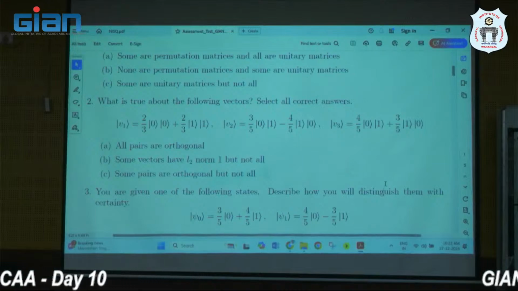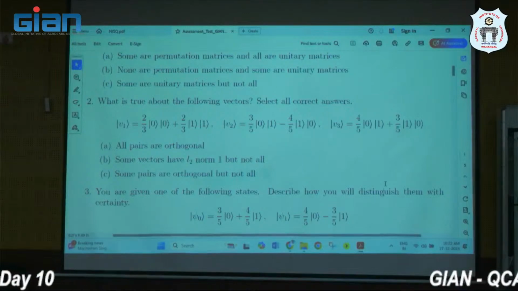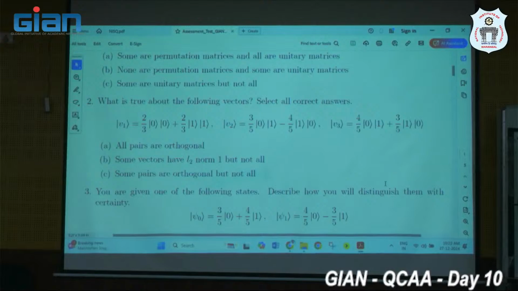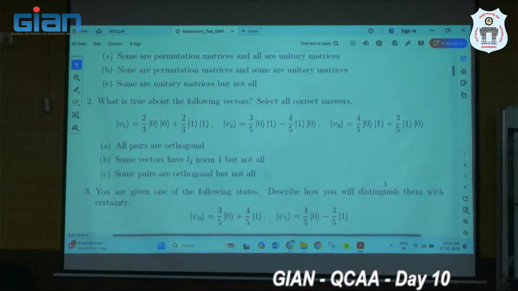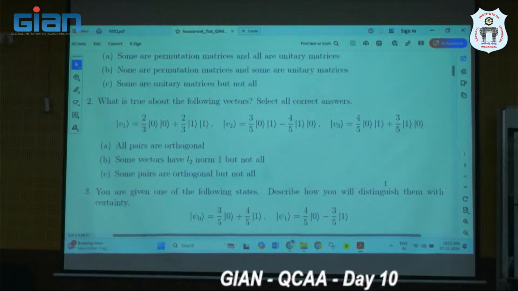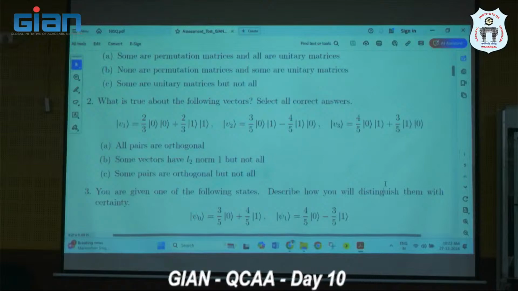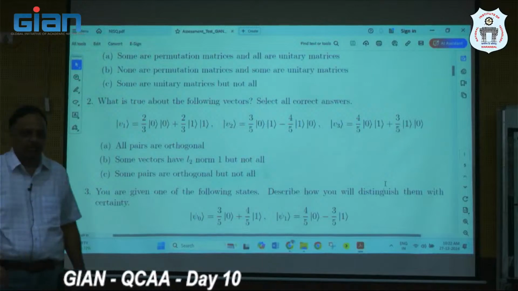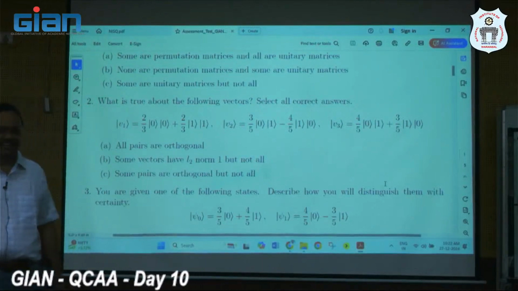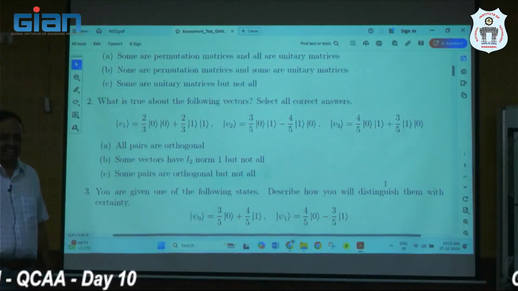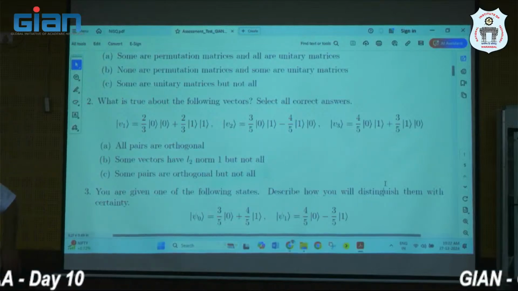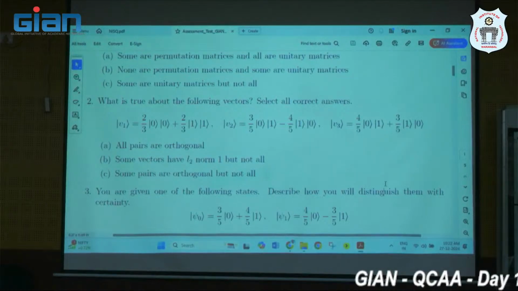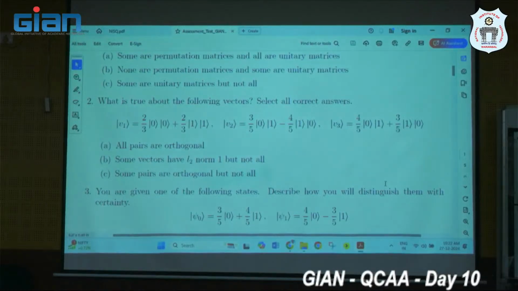V2, V3, what is the inner product? You are saying not orthogonal, then tell me what is the inner product. V2, V3, what is the inner product? 0. So that is also orthogonal.